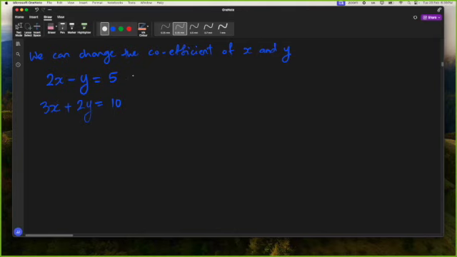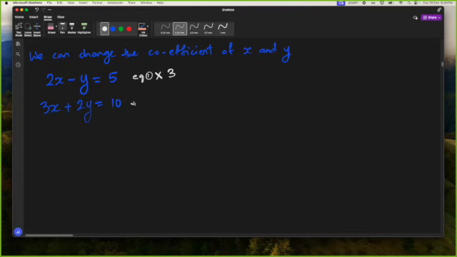I'm going to take this equation 1. You see how in this equation the x's have a 2, and in this equation the x's have a 3. So I'm going to take equation 1 and multiply it by this 3.